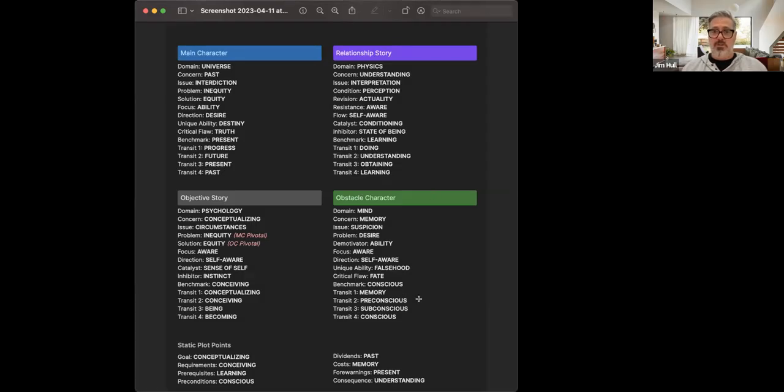Literally, you and I. So it's a quick shorthand way for the author to establish the throughlines, whether or not they mean to on purpose. The I perspective is the main character, the you perspective is the obstacle character. That's all you need to make that work at the biggest, macro level.